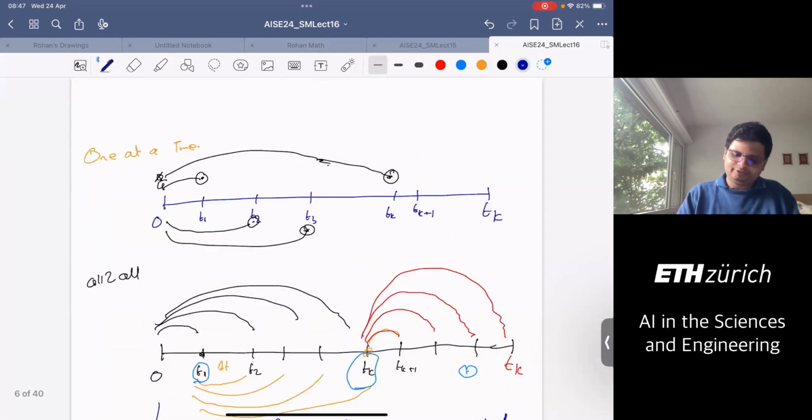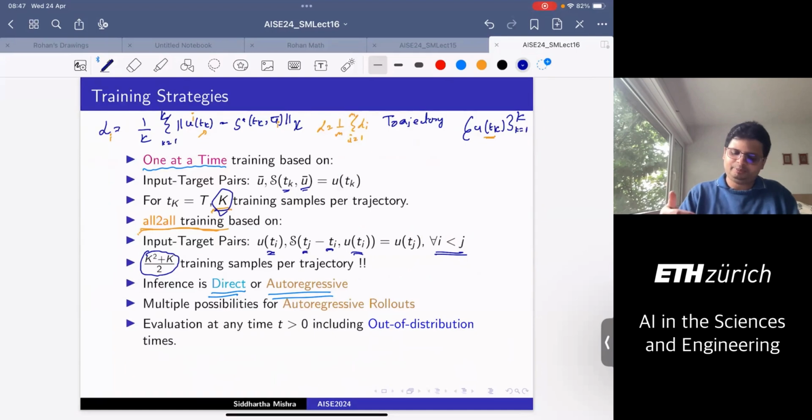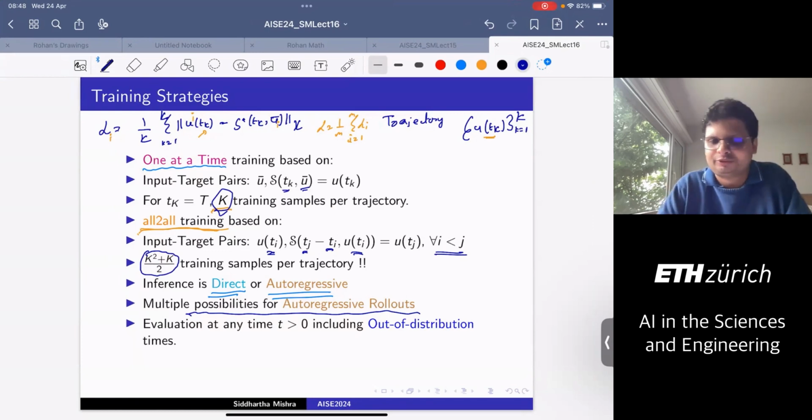By doing this kind of training and setting things up in this way, we have multiple possibilities for autoregressive rollouts. In particular, we can predict at any time because we can just give the lead time and predict. So in principle, we have a continuous time prediction. This is often what is lacking, because people can only make discrete time predictions, as I explained in the last lecture.